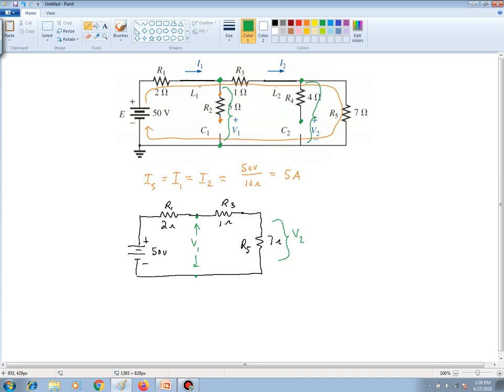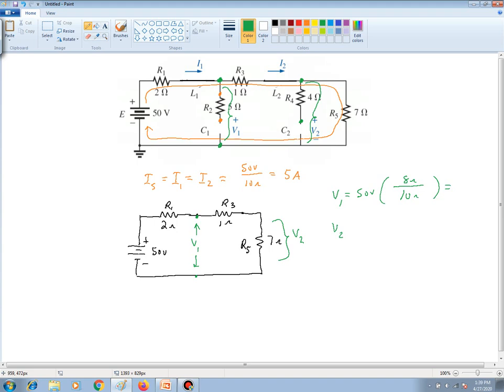So let's set the equations up. For V1, it's equal to 50 volts times, well, the voltage across what we're trying to solve is really the voltage at that point with respect to ground. So really it involves R2 and R5. So that's going to be 8 ohms over all of the resistances, which is 10 ohms. And that'll provide us V1.